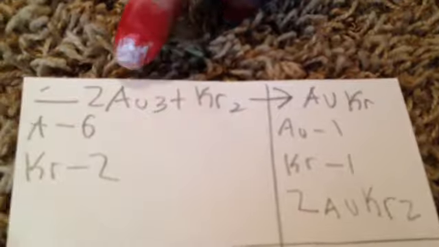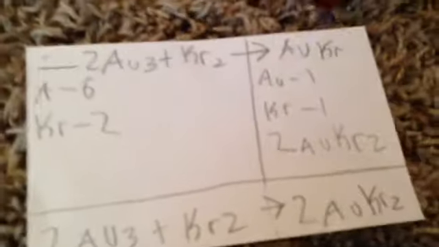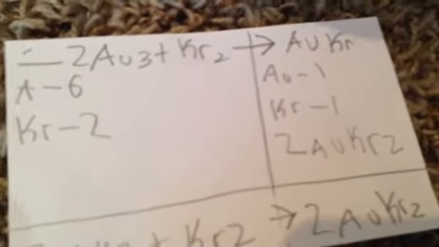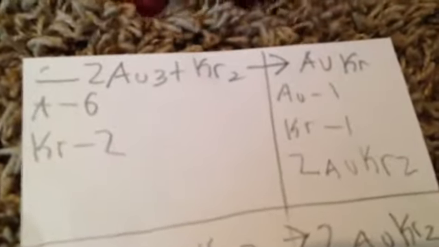My bad. These are AUs. It's hard to read upside down. And then he wrote down how many KRs he had. Ooh, looks like he's made a mistake. He changed the subscript. There's a 2 there, but you can't put a 2 there because there's not one here.